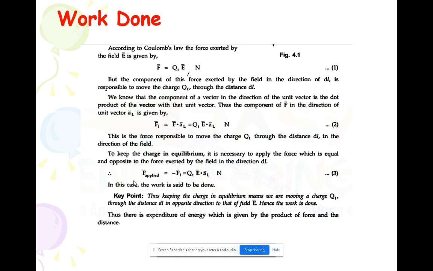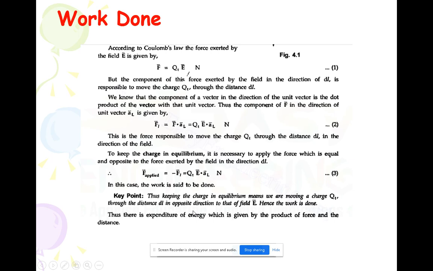So at the equilibrium condition, the applied force equals minus F_L. The minus sign indicates the opposite direction, and the rest remains the same: Q E vector dot a_L vector.